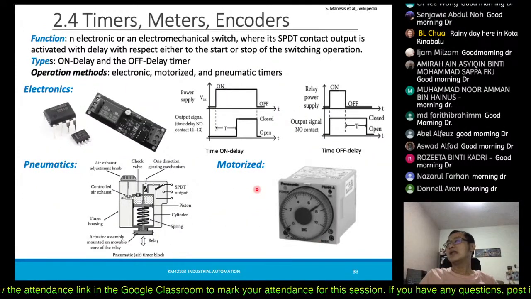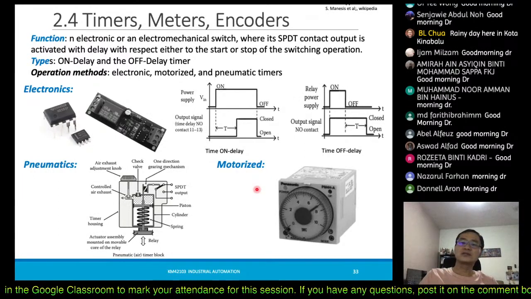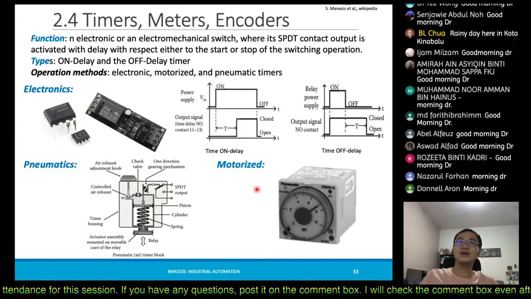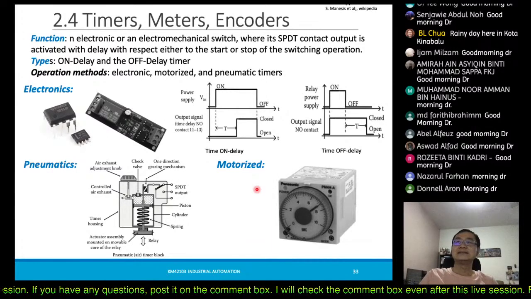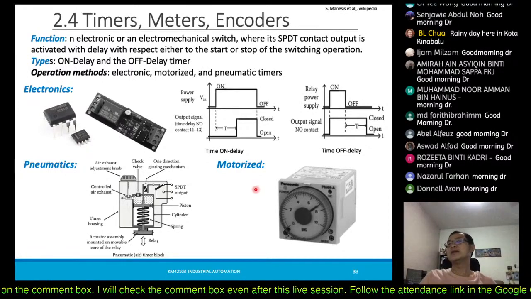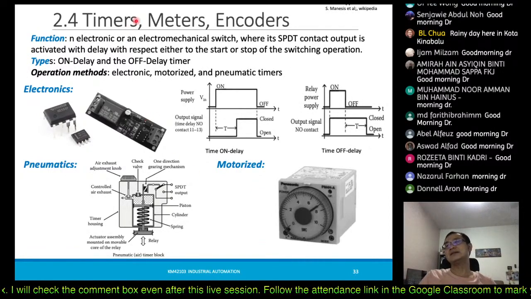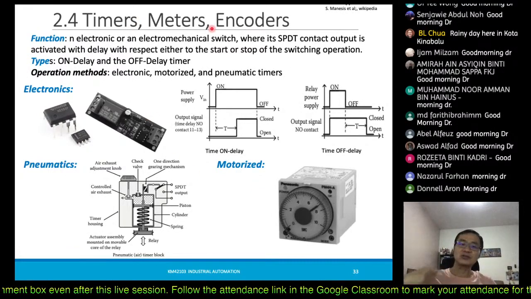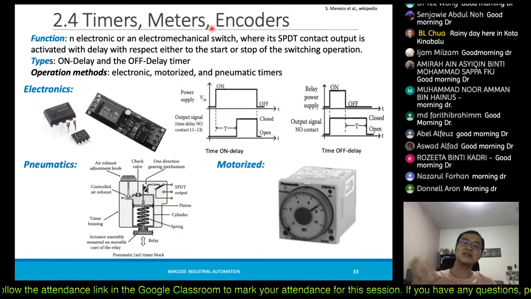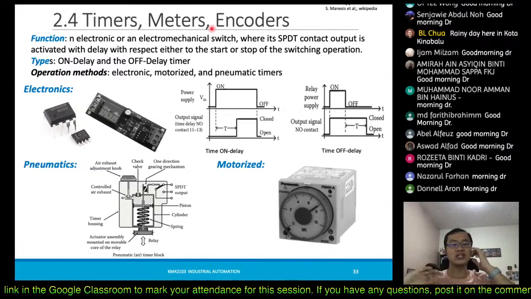Now we come to the last part, where you deal with the handling of your operations. Sometimes you may need a timer, a meter to count, or an encoder to record maybe the speed or the direction of your rotations, alright.